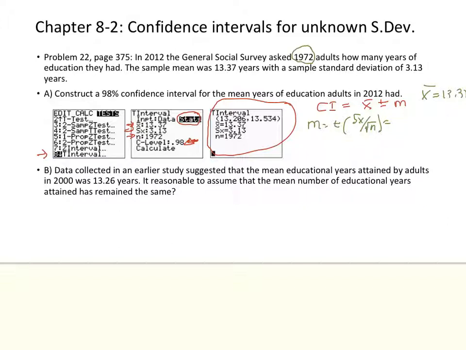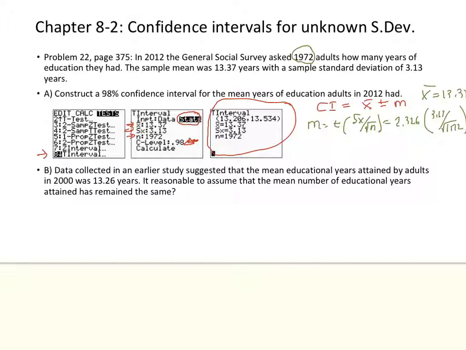So in this case, we just use the z-value, which is 2.326, and now we multiply it by 3.13 divided by the square root of 1972.